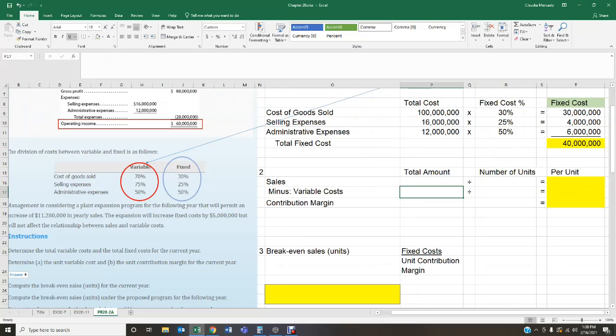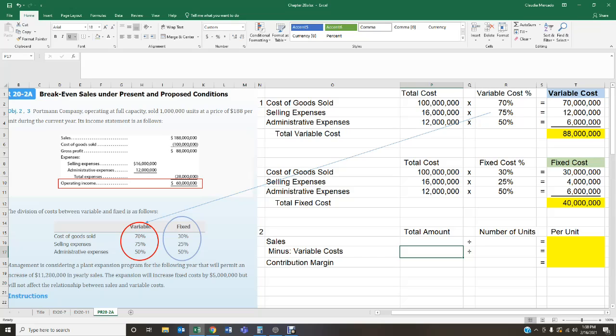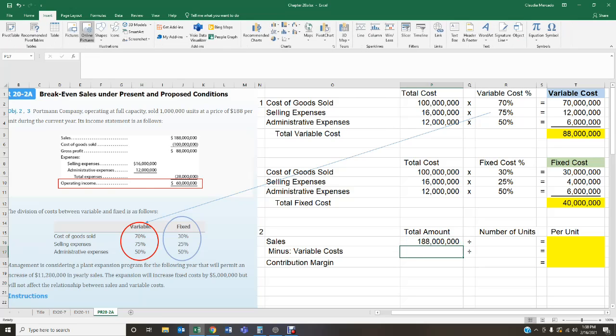So to get that, we're going to get our sales minus our variable cost, and that will give us our contribution margin. So how much do we have in sales? According to the problem, we had sales of 188 million. Where am I getting my sales figure from?